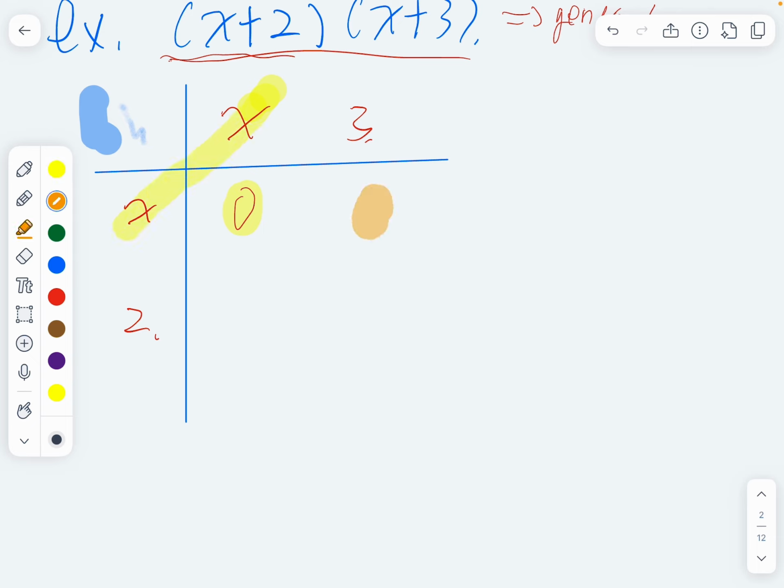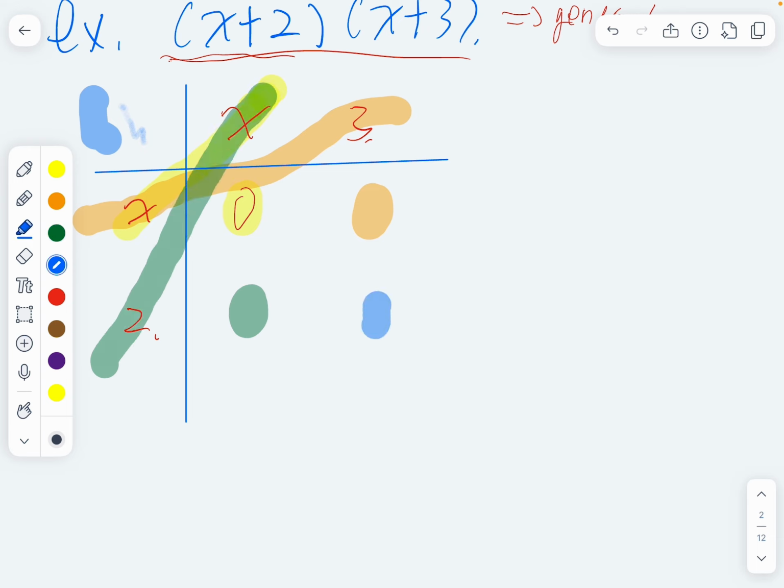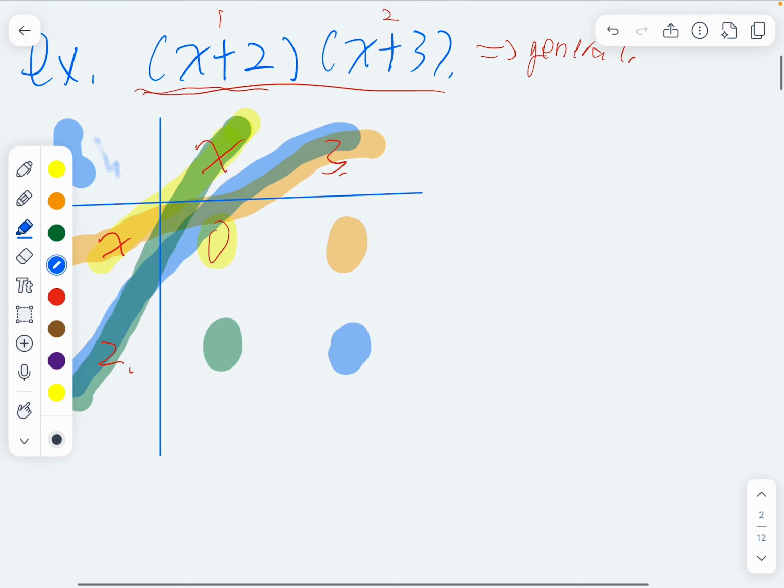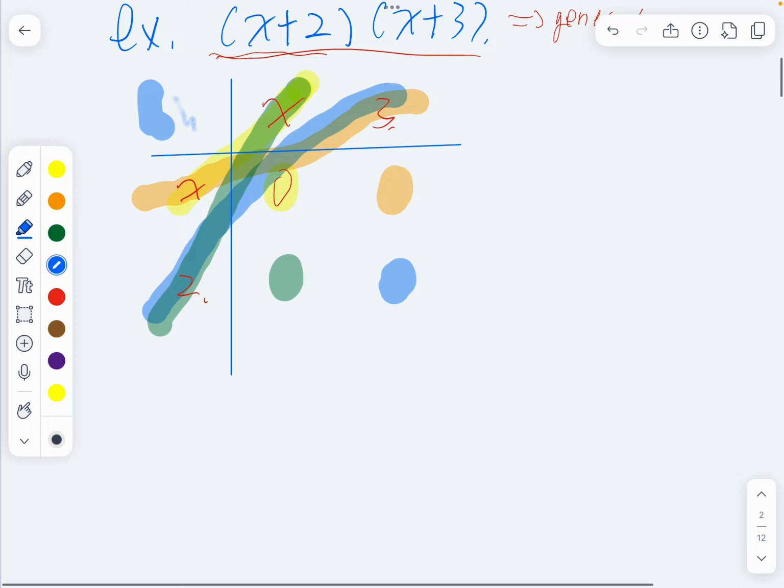For this position we need to calculate 2 times 3. Okay, so now the table is going to look like this.